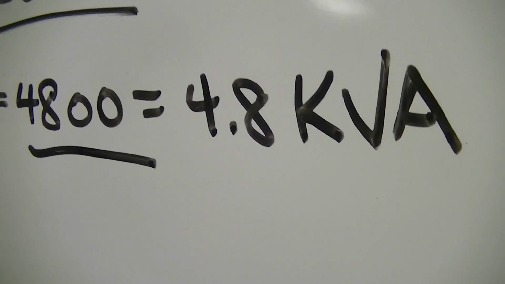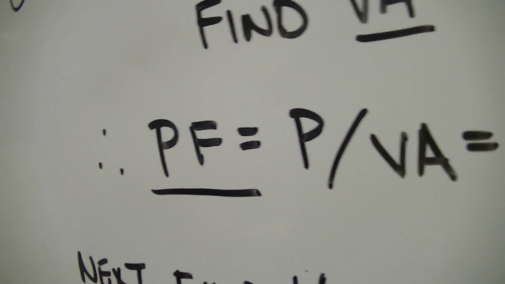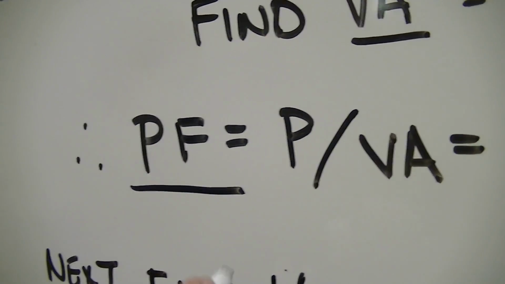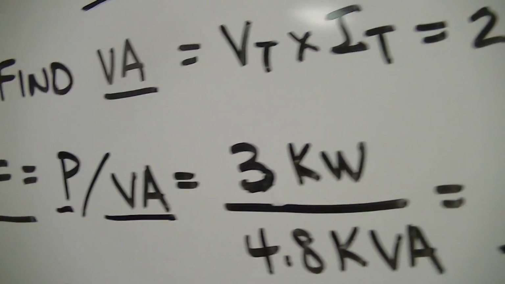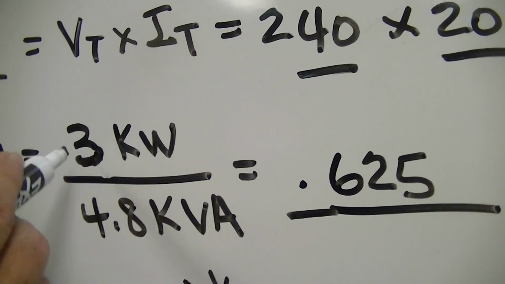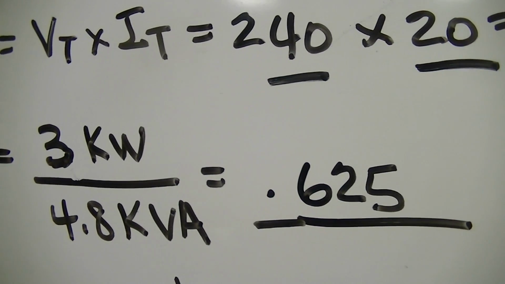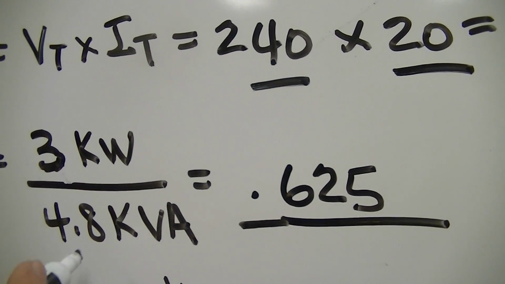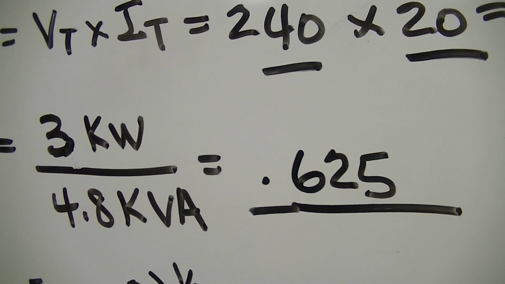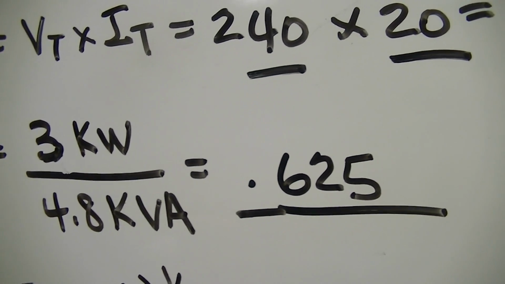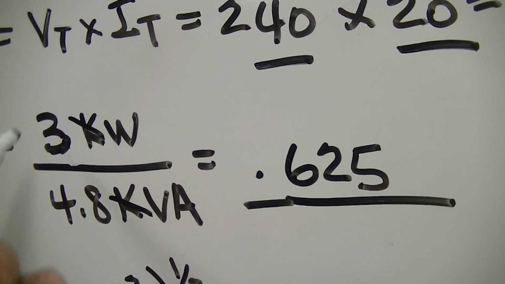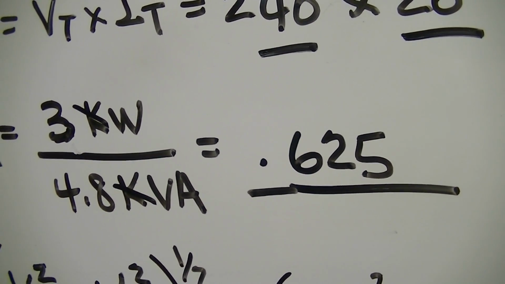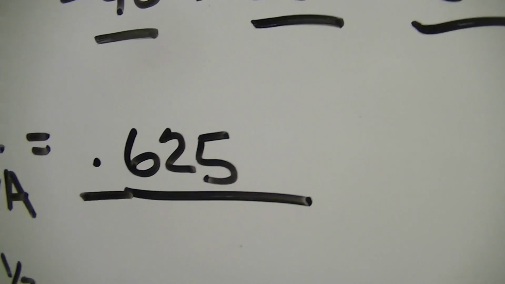All right, so with that in mind, now I'm in a position to actually calculate the power factor, which I've got P, which was a given, and we calculated VA. So the P that was given was 3 kW. We calculated the VA, which was 4.8 kVA, all right? And now the K's cancel out. 3 divided by 4.8, which comes out to be 0.625, all right?